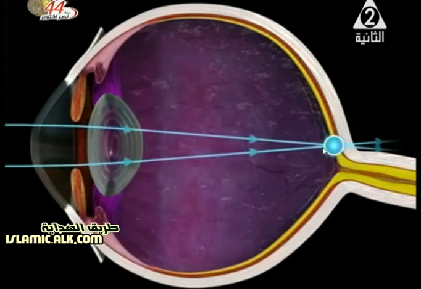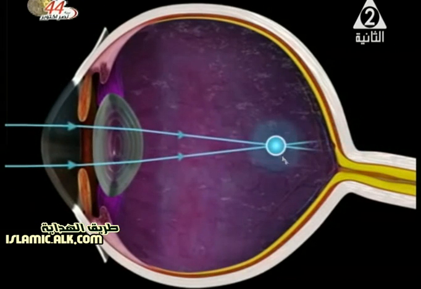But for persons whose vision defect is short-sightedness, the image is formed in front of the retina, as follows. This image is formed in front of the retina when the person suffers from short-sightedness.